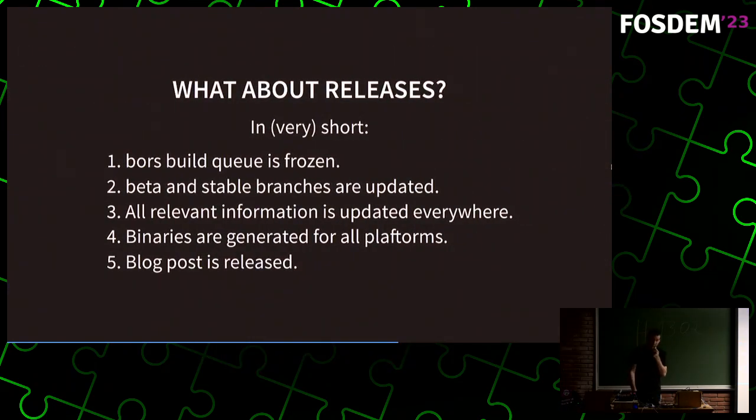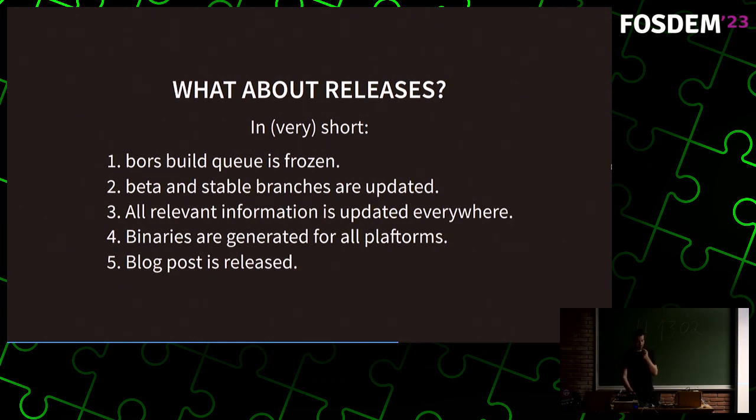So what about releases now? As you might know, we make a release every 6 weeks. So it's a very fast release cycle. When this happens, the build queue is frozen. We don't allow anything below a priority of 10 to be merged. It's a completely random number, but generally if you go higher than 10, it's quite important.